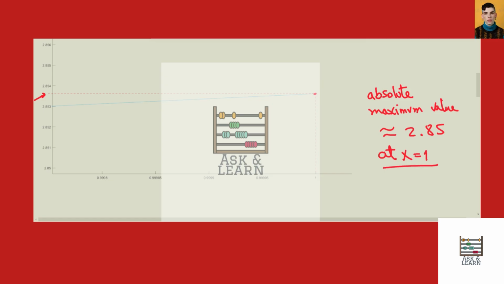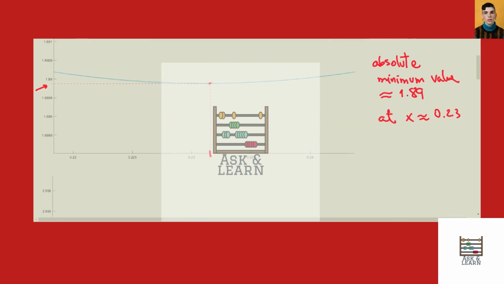In this case, we are sure that the absolute maximum value is attained at x equal 1. We know that the absolute minimum value is attained at an x approximately equal to 0.23. So these are approximations to the absolute minimum value and the x where it occurs.